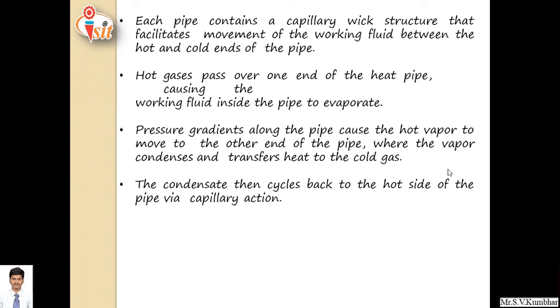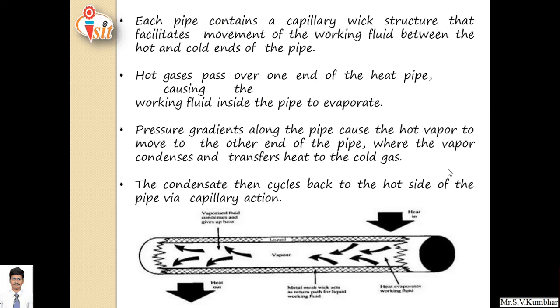A pressure gradient along the pipe causes the vapor to move to the other end, where it condenses and transfers heat to the cold gases. The condensate then cycles back to the hot side of the pipe via capillary action. This is the actual capillary tube which is generally used in most of the mechanical applications for waste heat recovery purposes.